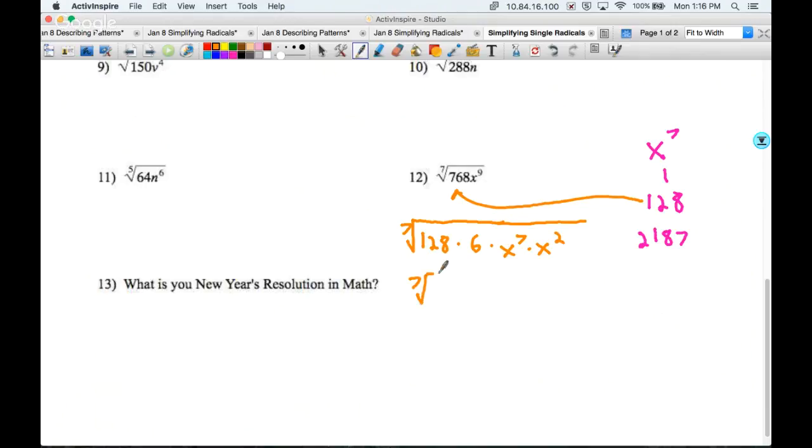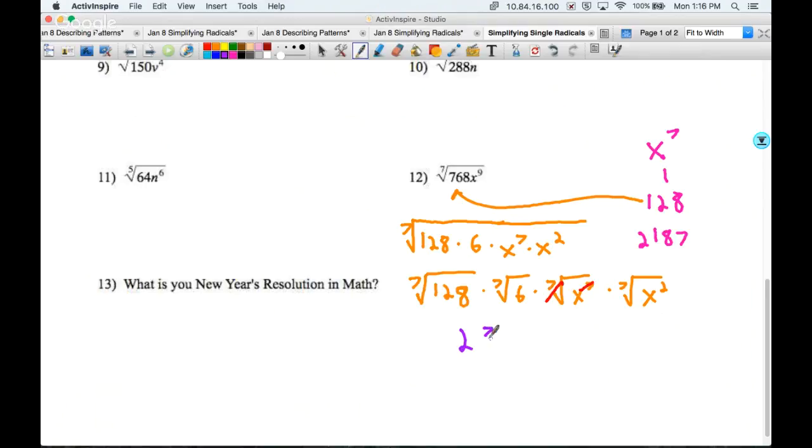All right, the seventh root of 128, that's going to be 2 times the seventh root of 6 times the seventh root of x to the seventh times the seventh root of x squared. That's going to cancel. That's going to become a 2.